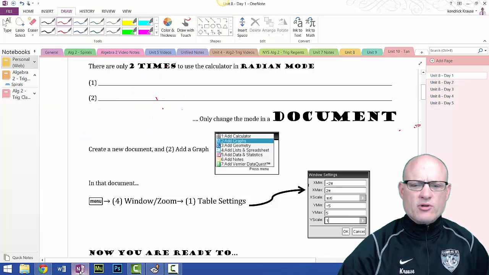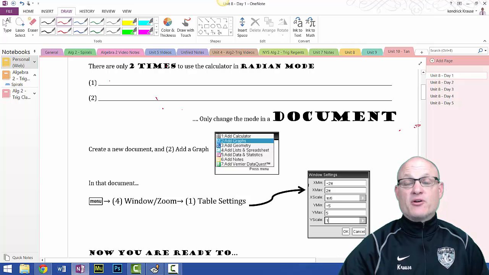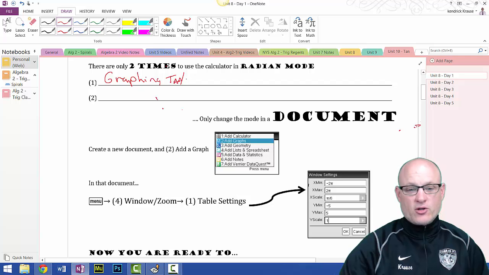Coming back. Alright, so, radians. We only really want to use radians when you're doing two different things. One is when you're graphing the tangent, cotangent, cosecant, secant, or the sine inverse, cosine inverse, or tan inverse functions.